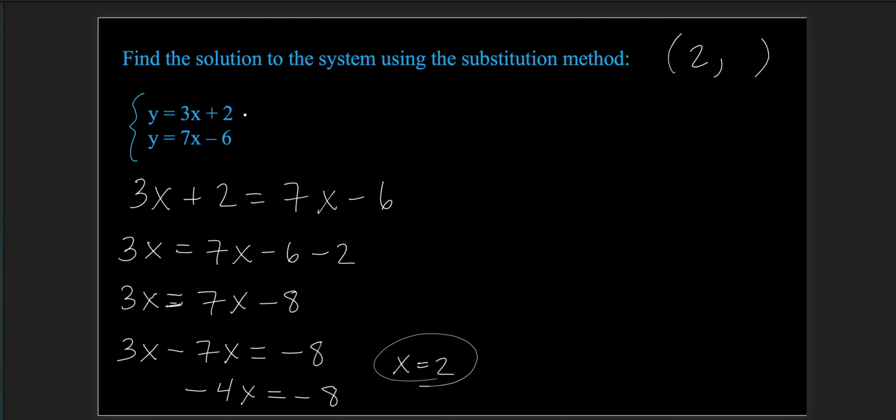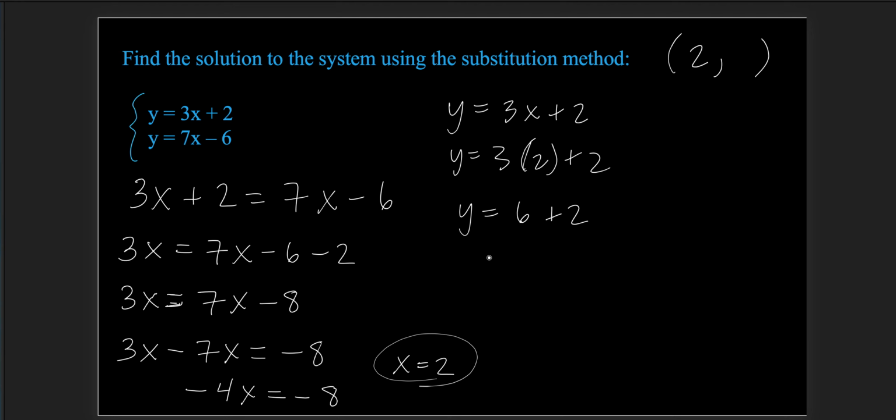And so I can use either one of these equations to find the y, so I'll choose the top one. Y equals 3x plus 2, so y equals 3 times 2, the x value that we found, plus 2, and so that'll be y equals 6 plus 2, and y equals 8. That's my other part of the point, and so that's it. Those two lines cross at this point as well.